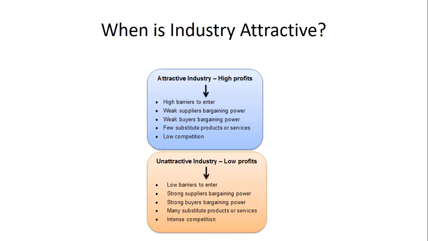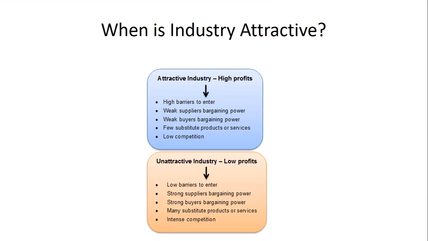Now let's see when an industry is attractive in this situation, and when it is unattractive. Attractive indicates high profit, unattractive indicates low profit. High profits come with high barriers to enter, weak suppliers' bargaining power, weak buyers' bargaining power, few substitute products or services, and low competition.